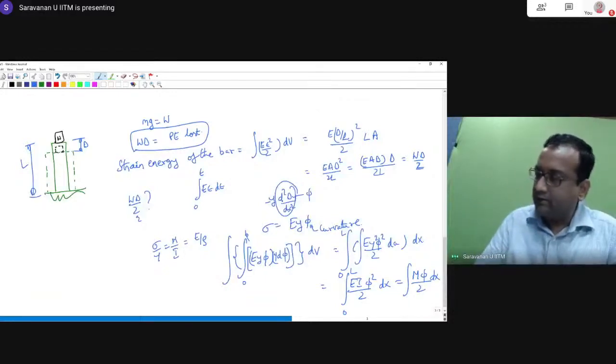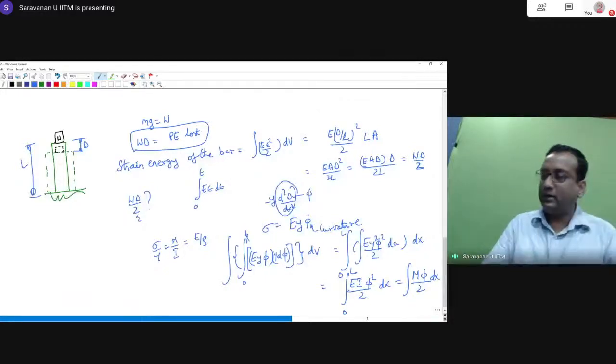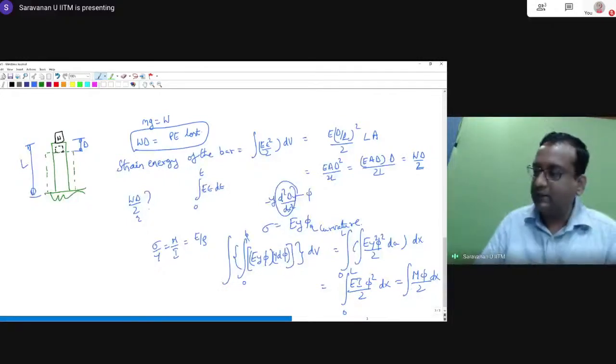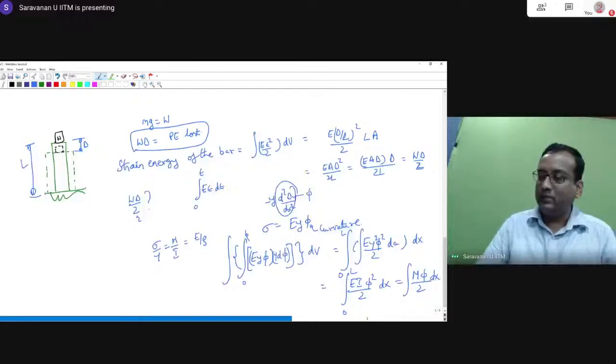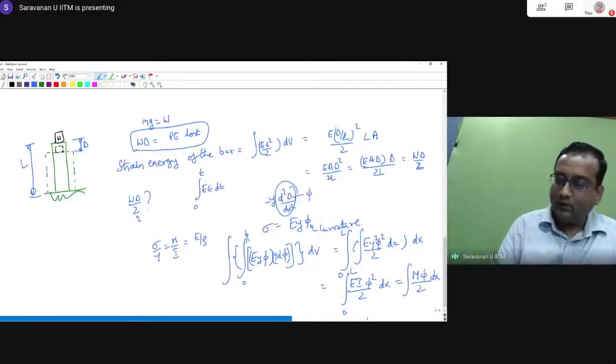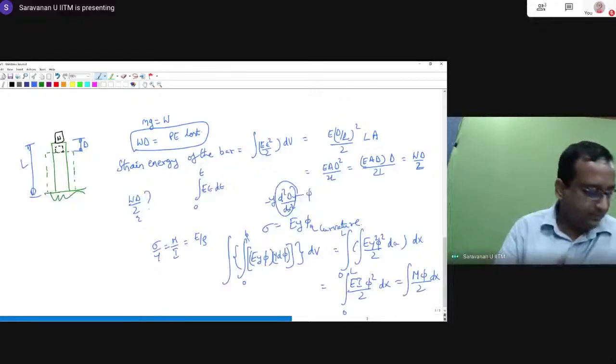Or similarly, substituting for phi, it will be M square by 2EI dx that would be the strain energy stored. That will be the complementary strain energy. Since the response is linear, the complementary strain energy and strain energy will be the same in this case. So that's how you compute the strain energy in a beam.